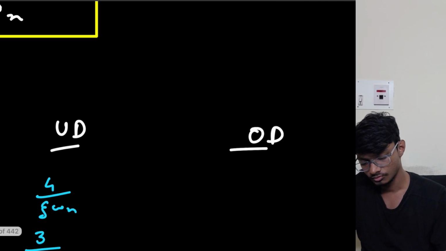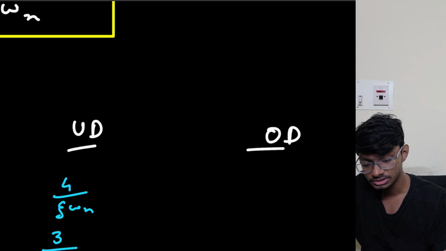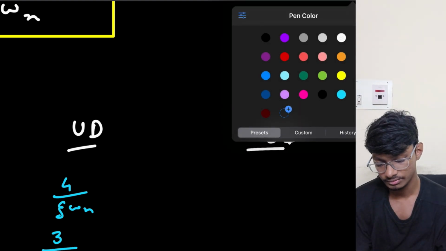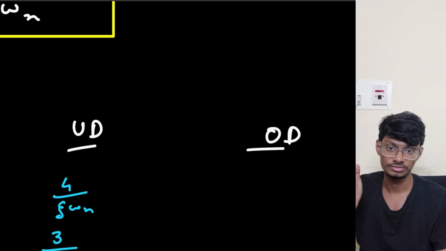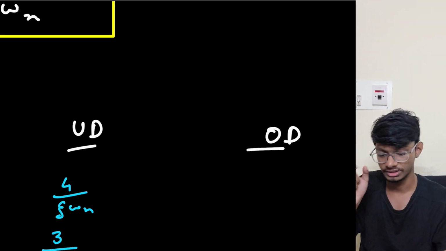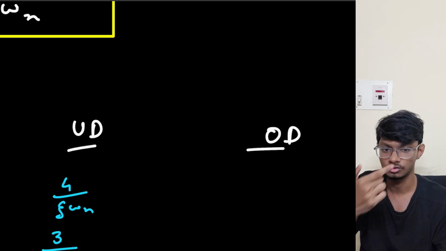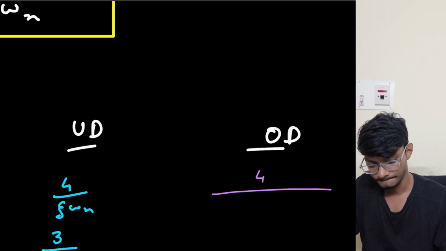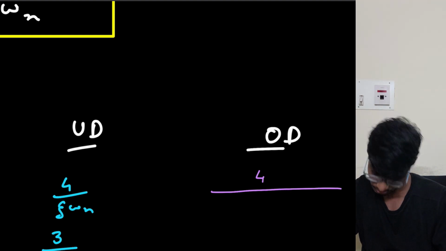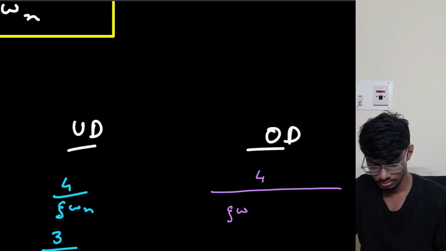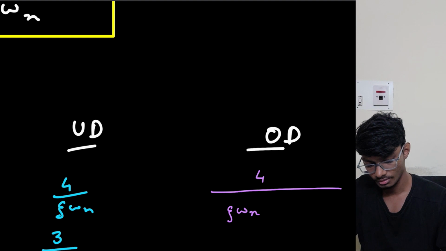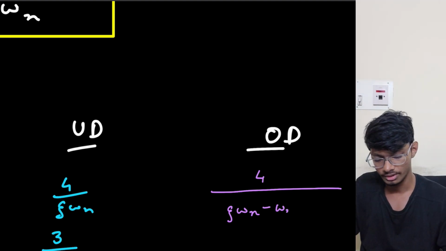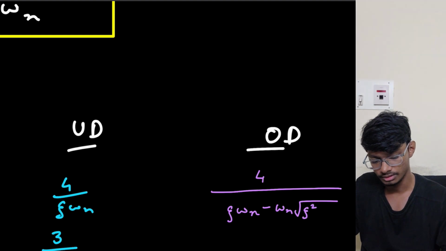What is overdamped? For overdamped, just try to remember what the pole location was. Basically it was similar to this one only, but it was nearer to the origin. So my denominator will reduce, right? That is how you can also understand. So this is 4 upon zeta omega n, and I had a minus, so it becomes nearer to the origin, minus omega n root of zeta square minus 1.